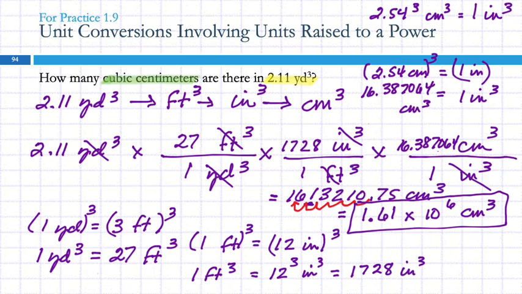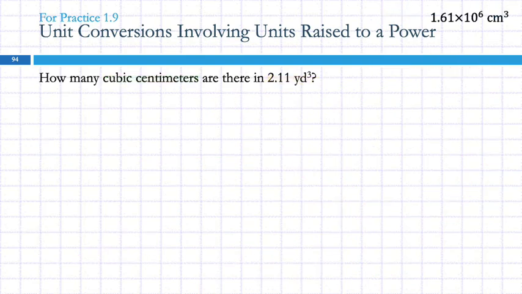If you type it in, the computer's going to say it's wrong, because it is really picky and it's just not very compassionate. Yeah, but that's a great question. Any other questions? 1.61 times 10 to the 6th.